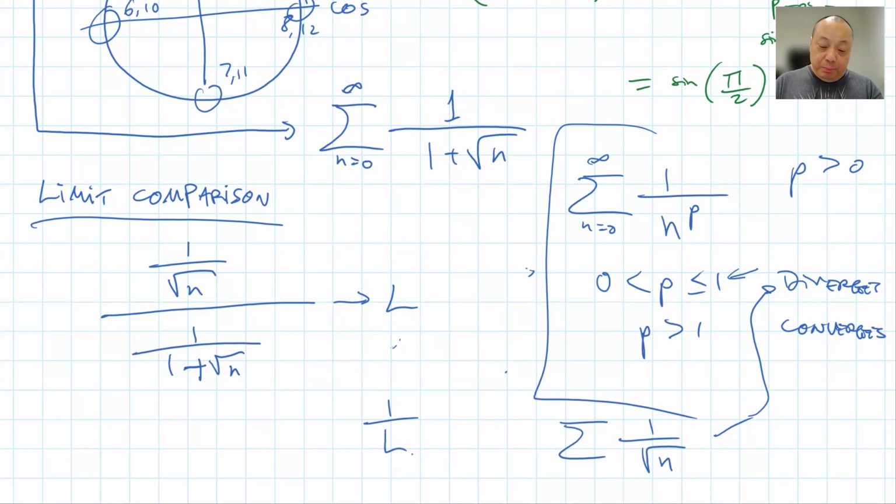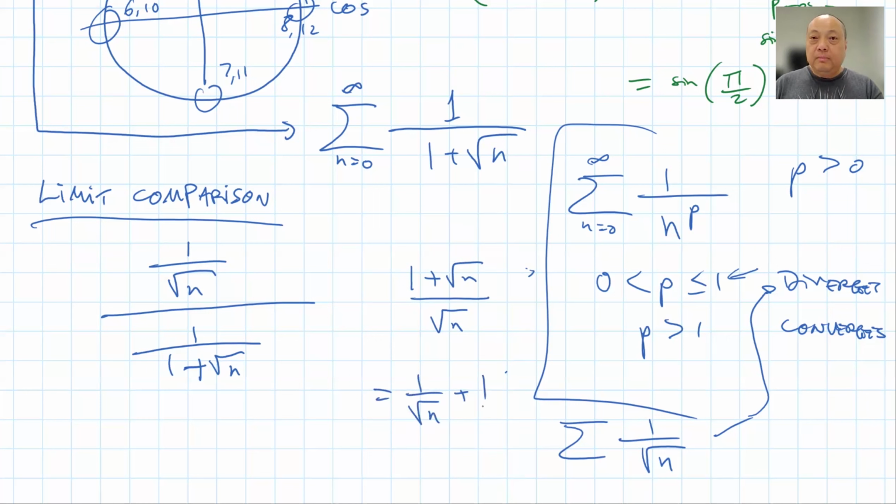But the tricky part for me is I want my limit to look simple. So I think ahead of time that I want my ratio to be eventually this, because this is easier to simplify than if it were the other way around. And since I want this to be my ratio, I think backward and I want to put that 1 over square root of n on top.